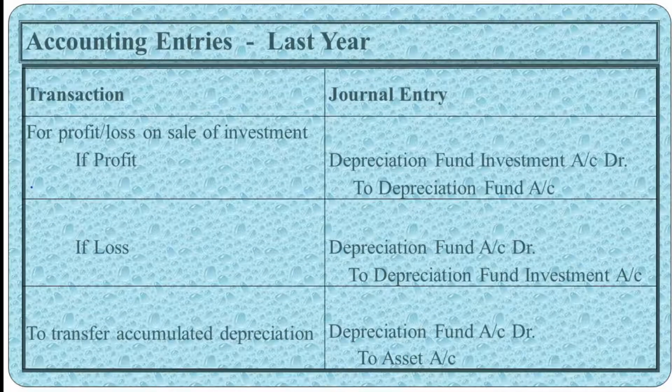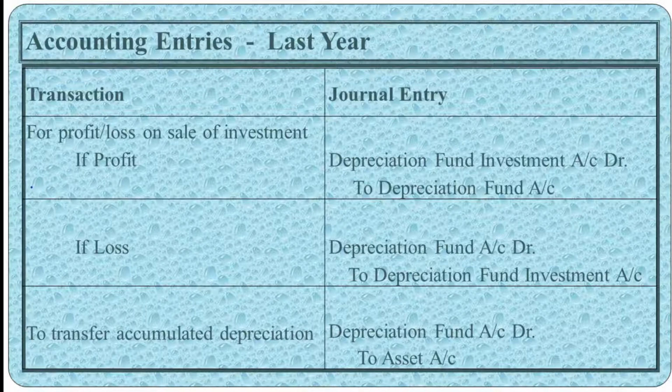Now, if any profit or loss is made on sale of investment, the entry for the same is recorded. If profit is made on sale of investment, then depreciation fund investment account is debited and depreciation fund account is credited with the amount of profit. That is, entry for profit on sale of investment is depreciation fund investment account debit to depreciation fund account.